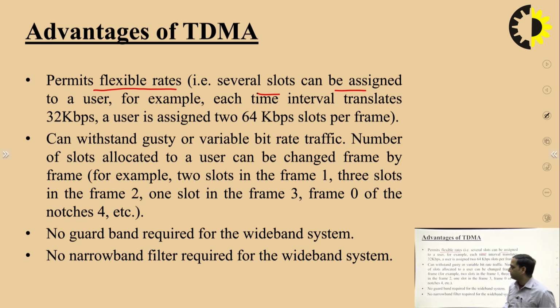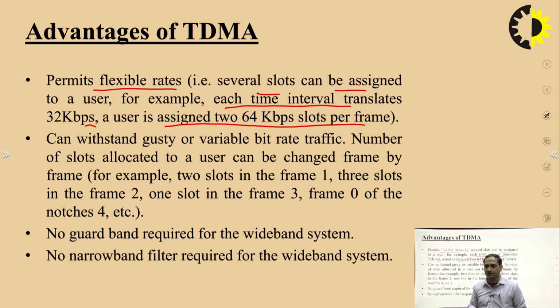There are different strategies for assignment of the slots to the user. In the first, one time slot translates to 32 kbps, and a user is assigned a slot per frame. As I said, the frames can be divided into subframes, and these subframes are divided into different time slots.